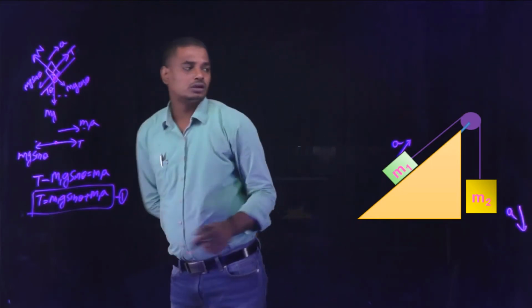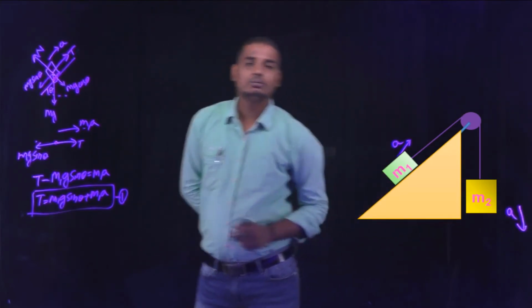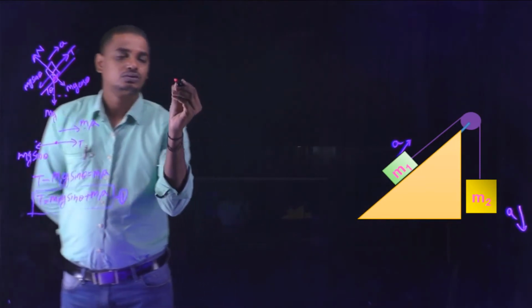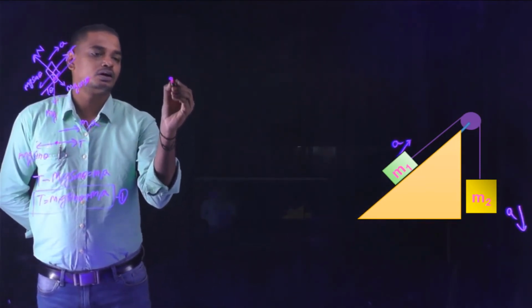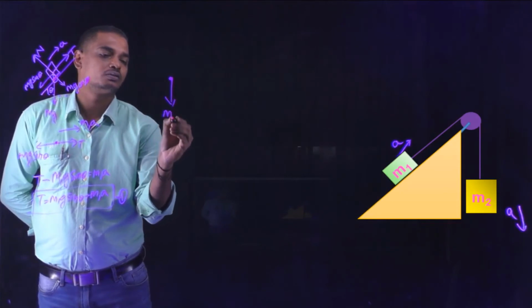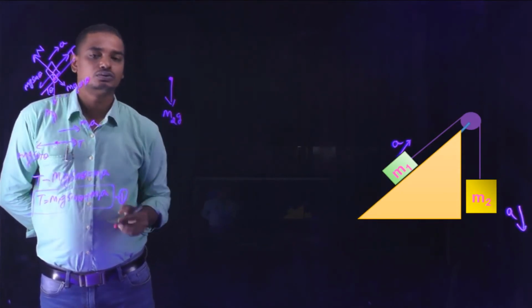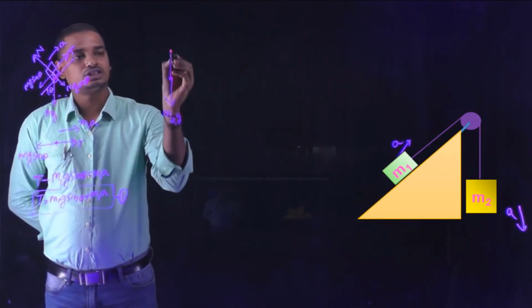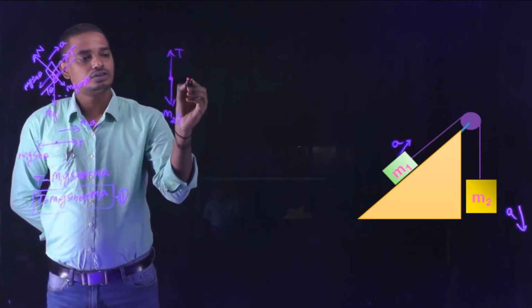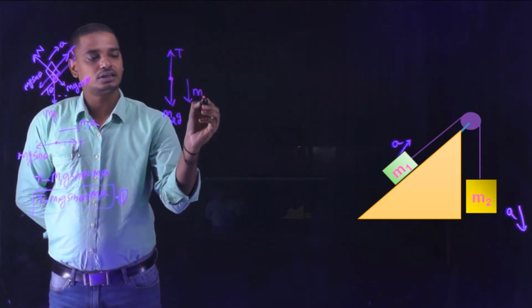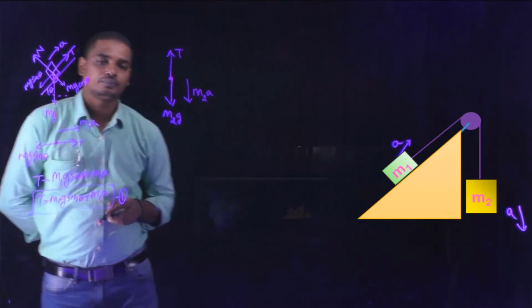Now draw the free body diagram for the second block of mass m2. The weight of the block acts vertically downwards, that is m2g, and there is a tension T in the string, for which the block is moving downwards with a net resultant force of m2a.